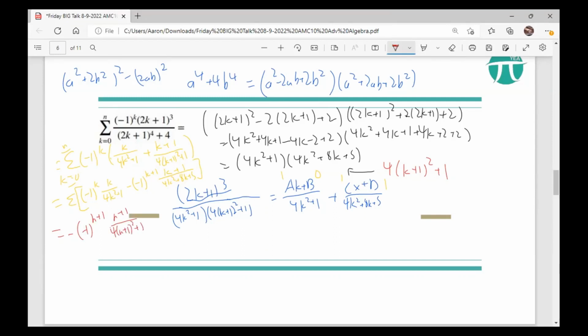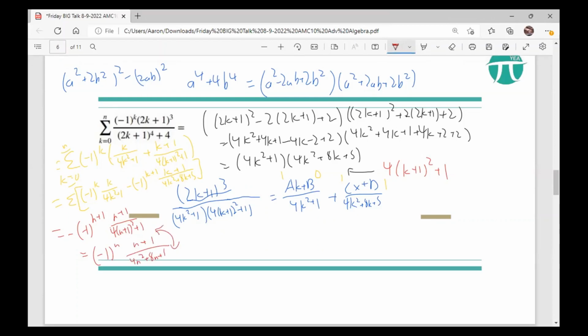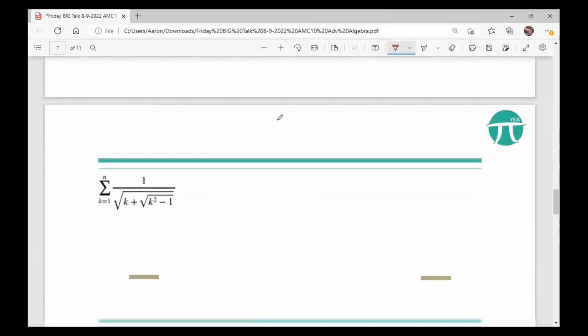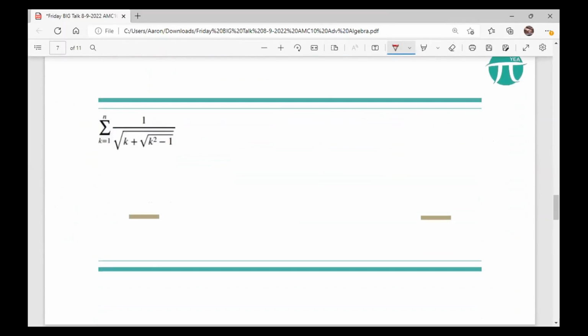You can leave it like this, or you can expand. So you can also leave it like -1 to the n times n plus 1 over 4n squared plus 8n plus 5. But at this point, these two are effectively the same thing. And so the next problem is this one.